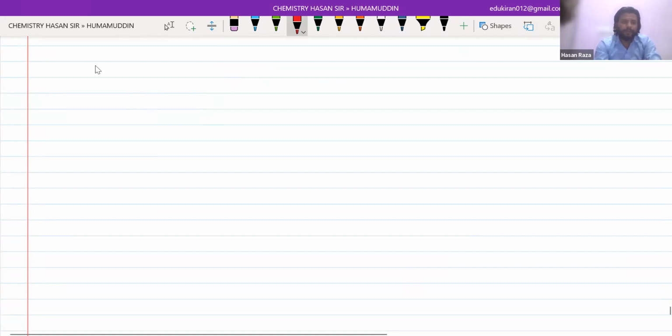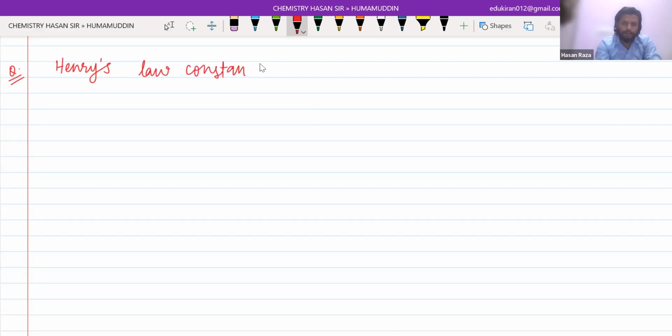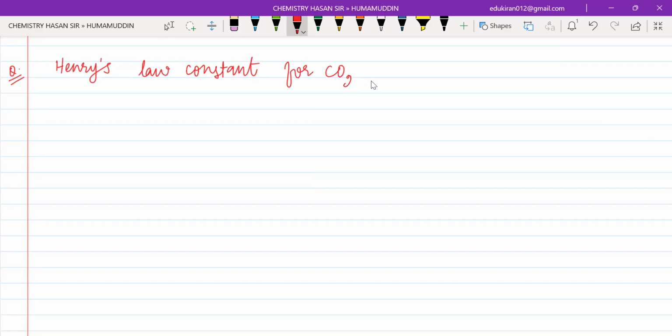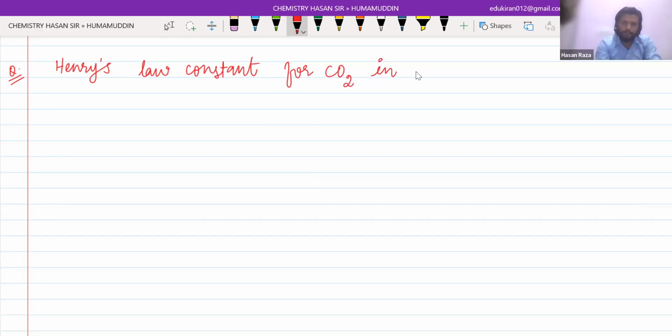Okay. First of all, the question says that, am I audible? Yes, sir. Henry's law constant for CO2 in water is 1.67 into 10 raised to the power 8 Pascal at 298 Kelvin.